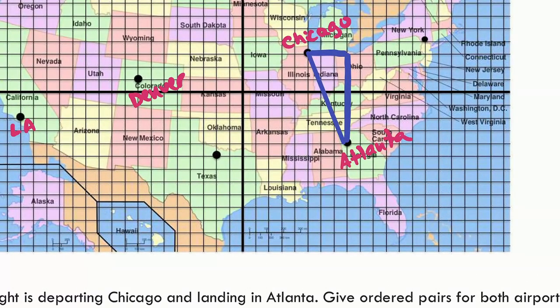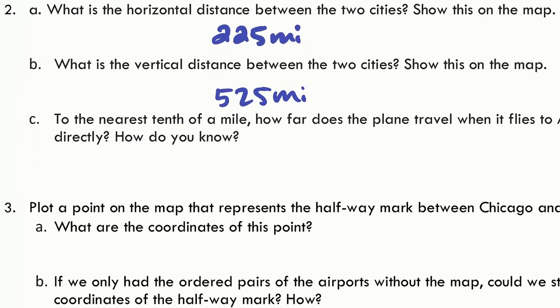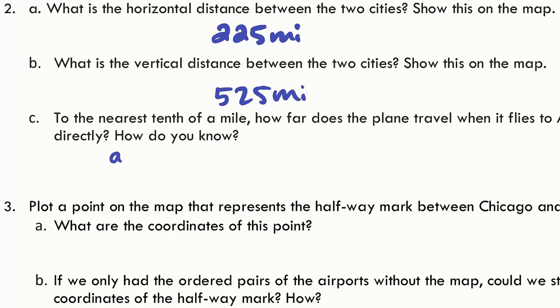Pythagorean theorem. And so this leg we said was 225. This one was 525. And what we're looking for here is the hypotenuse. So it's a squared plus b squared is c squared, or 225 squared plus 525 squared is c squared.